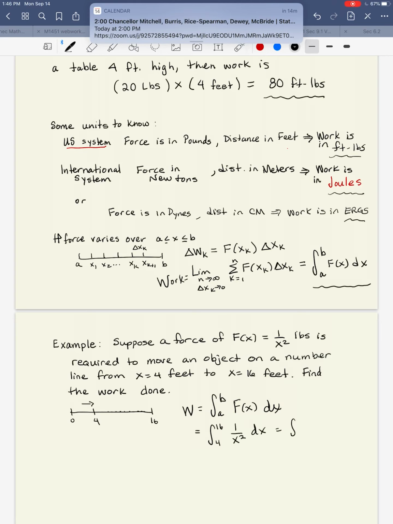We rewrite that as x to the negative 2, then add 1 to the power, divide by the new power, and so we get negative 1, x to the negative 1, which I'll write as 1 over x. And so we have negative 1 over 16 minus a negative 1 over 4. So that's negative 1/16 plus 4/16 gives us 3/16. I've got pounds and feet, so I've got foot-pounds of work.